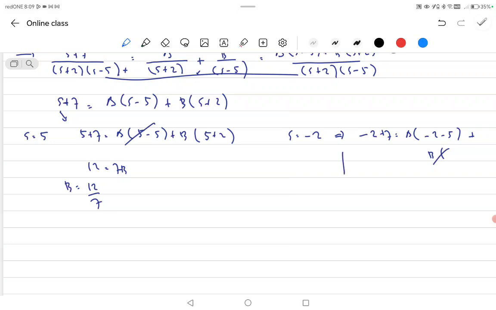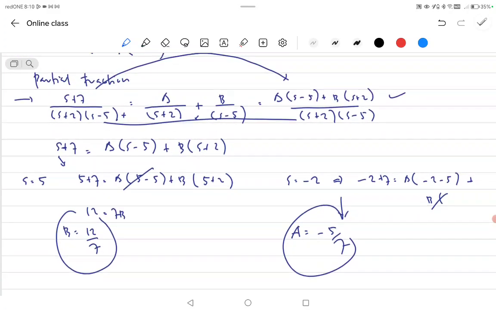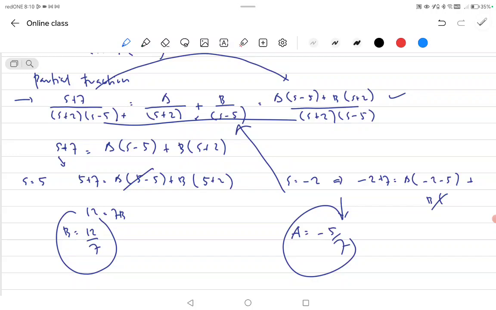So from here, you can refer to the slide, we got A equal to minus 5 over 7. So what we need is to determine B and A, because we want to substitute into this one.